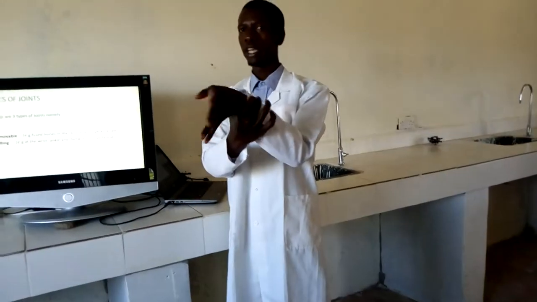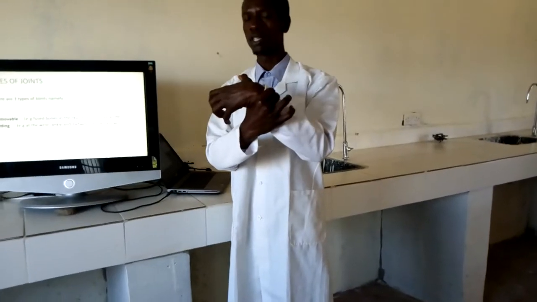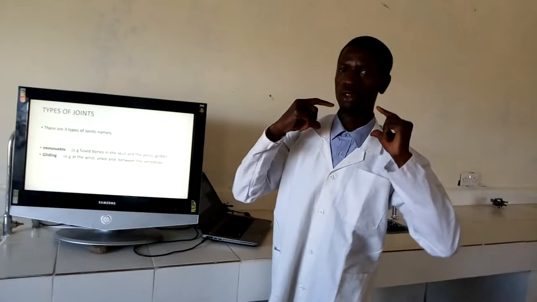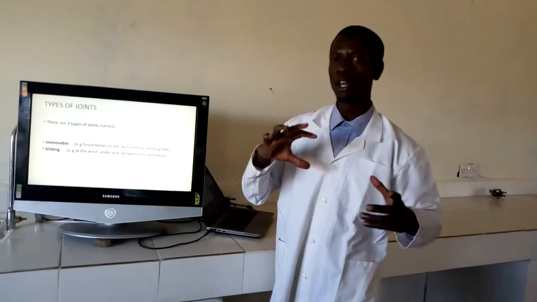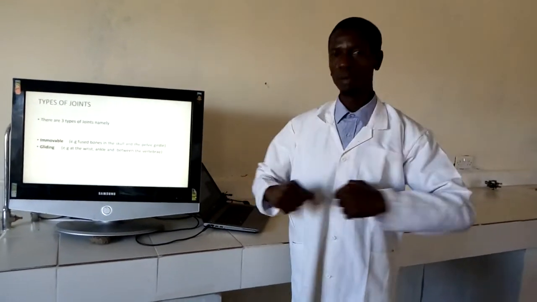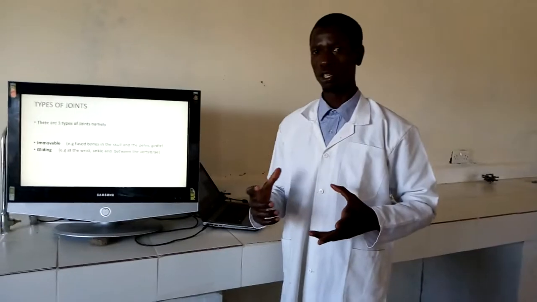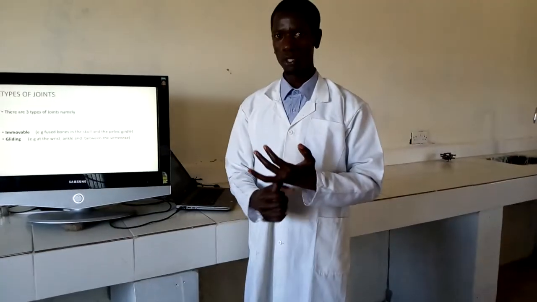There is a joint here, and it just allows some slight movement. There is also another joint found within the vertebral column. Those joints enable just some slight movement. They are referred to as gliding joints. So examples of gliding joints are the joints found at the wrist, the ankle, and within the vertebral column.